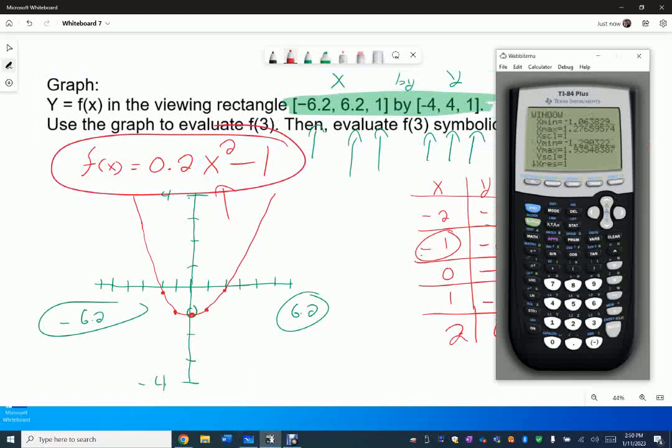I am told the x value is negative 6.2 for the minimum. The maximum is 6.2. The scale is 1. The y minimum value is negative 4. The y maximum value is 4, and the y scale is 1. And now I'm going to hit graph.